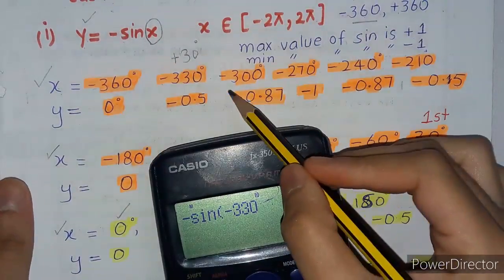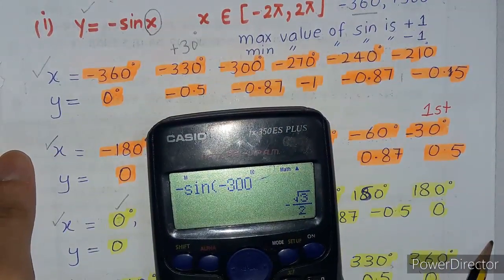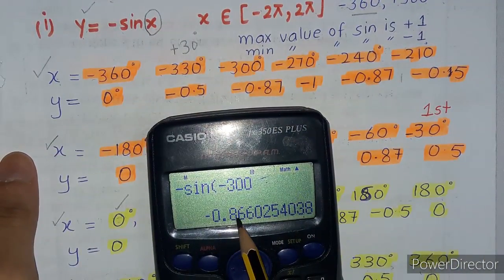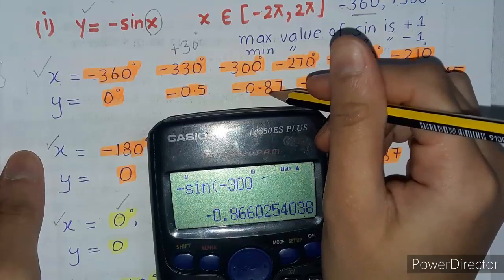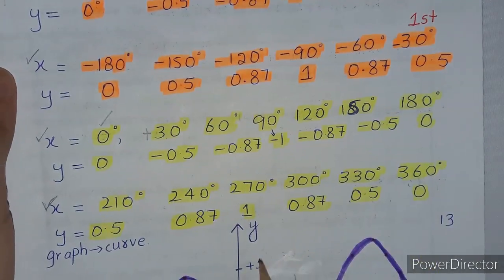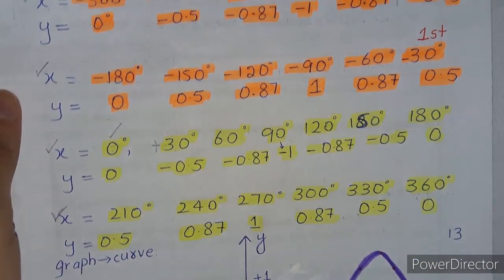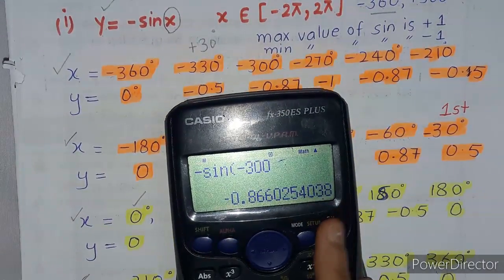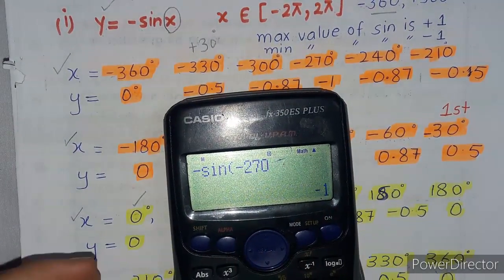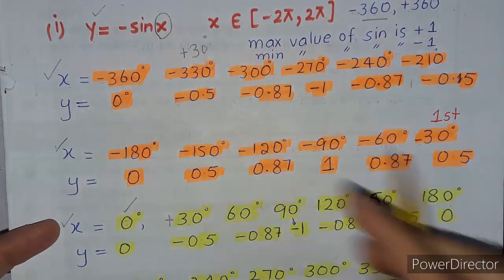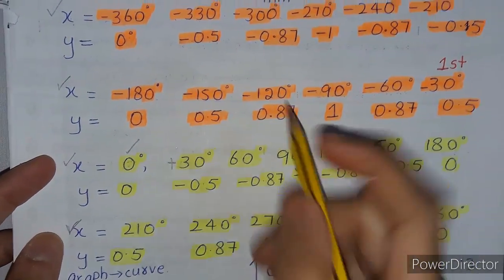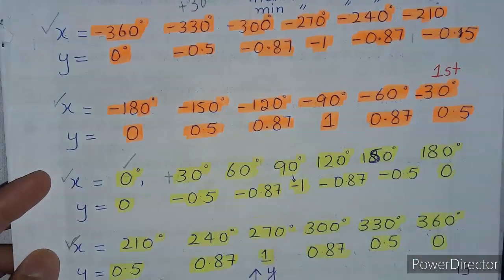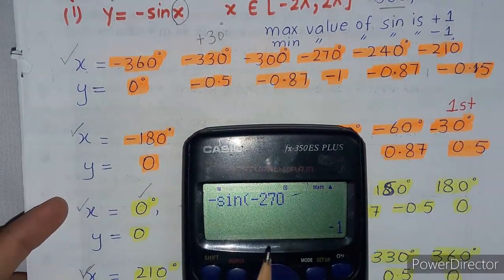Then minus 300, which is equal to minus 0.866, which is minus 0.87. Putting minus 0.87 here, and for positive 300 it will be plus 0.87. Okay, then minus 270, we get minus 1, so we put minus 1 here and plus 1 here. Just writing both values simultaneously to save time.